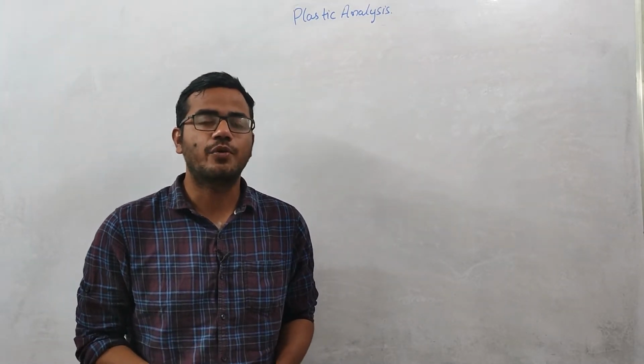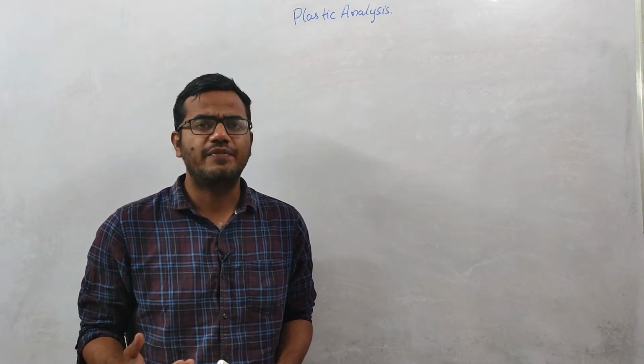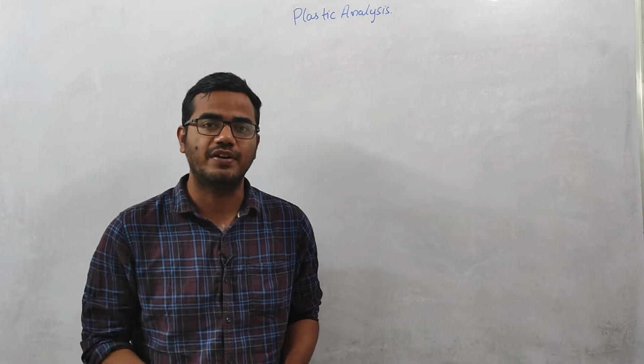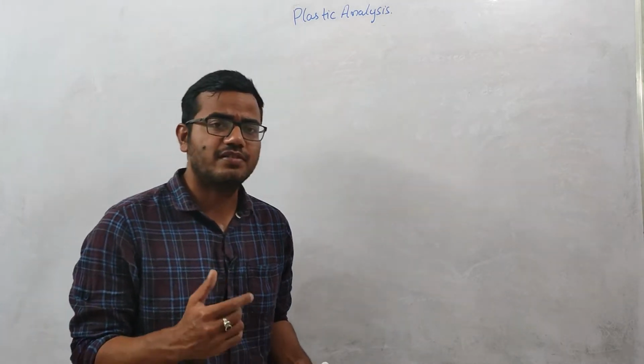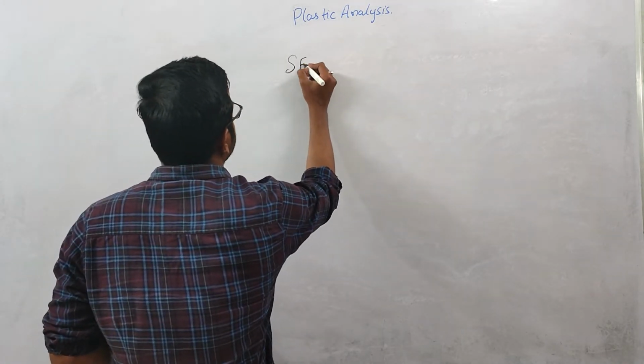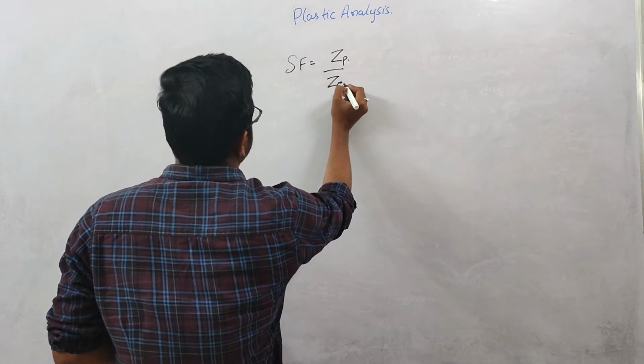In this lecture, we are going to discuss the shape factor, right? In the last lecture, we discussed the formula for the shape factor and its significance. As per our discussion in the last lecture, the shape factor comes out to be the ratio of the plastic section modulus to the elastic section modulus, right?